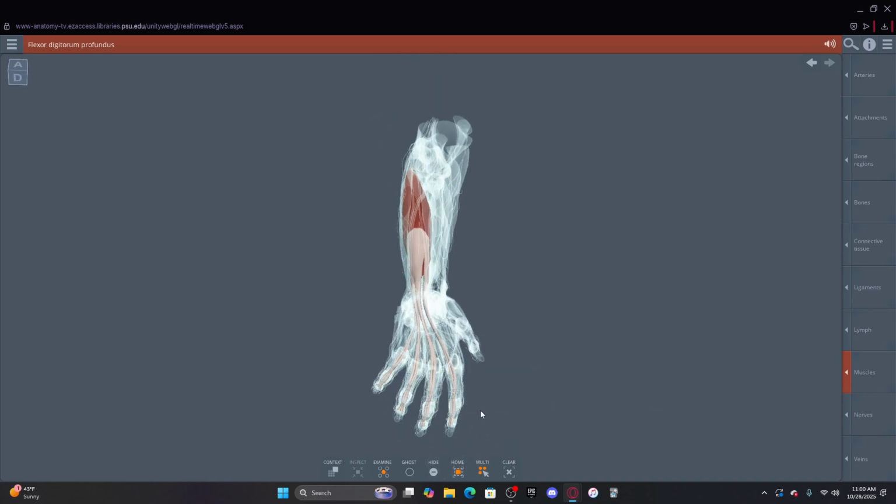So superficialis is going to be flexing the PIP joints, whereas profundus is going to be flexing the DIP joints, the distal interphalangeal joints.